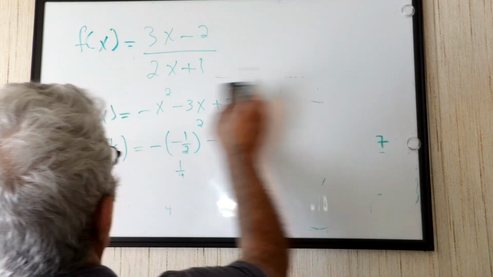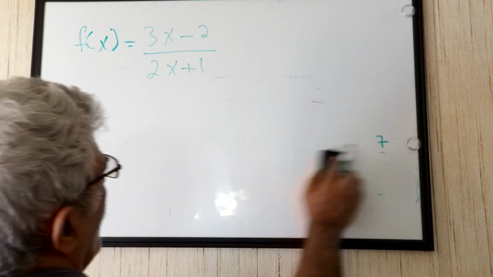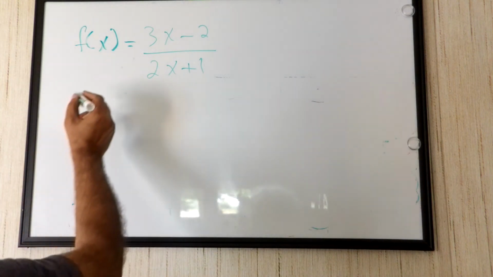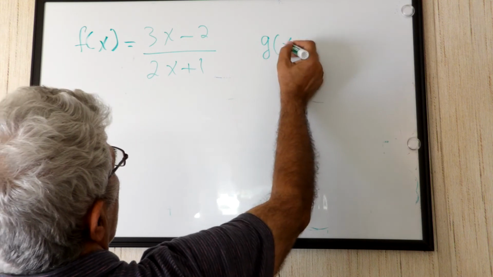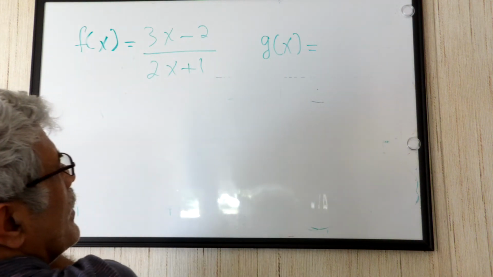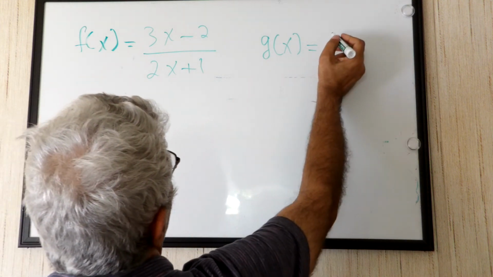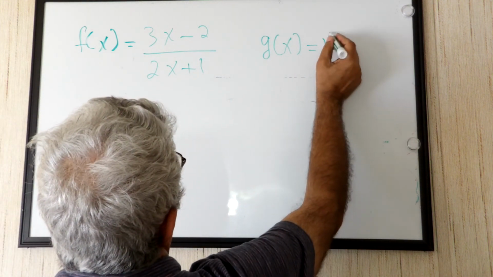So suppose that we have a g of x here. g of x is equal to the square root of 2.